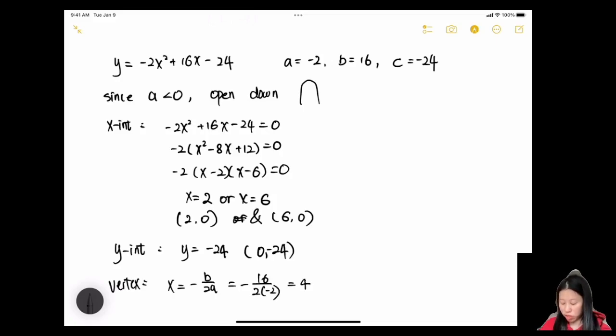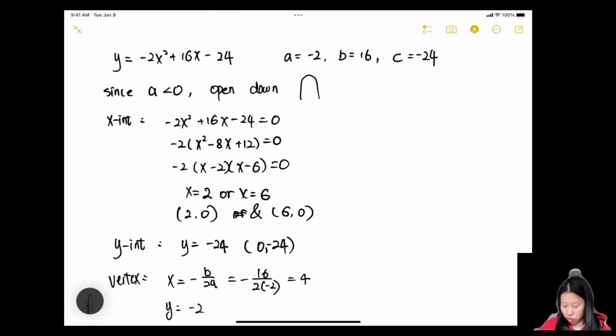I have positive 4. So the y-coordinate of the vertex equals negative 2 times 4 squared, plus 16 times 4 minus 24, which equals 8. So the vertex should be 4 and 8.